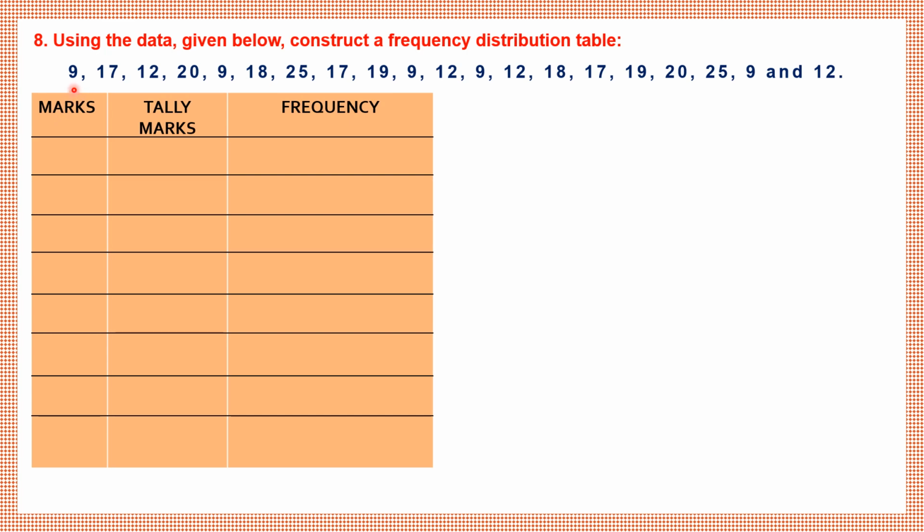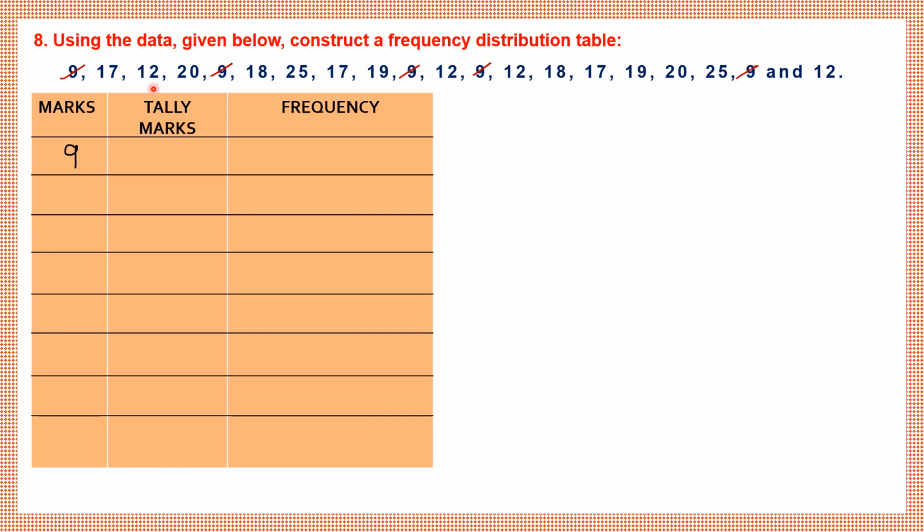So let's look for the smallest. Now we have 9 here. Let's see if we have a number smaller than 9. Okay, so we don't have any number smaller than 9. That means the smallest number here is 9. So let's strike off all the 9s. Now which is the next number?